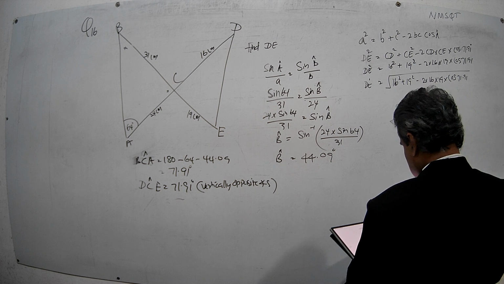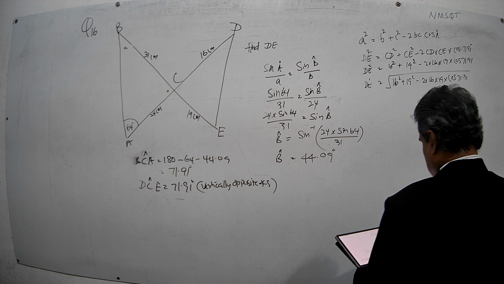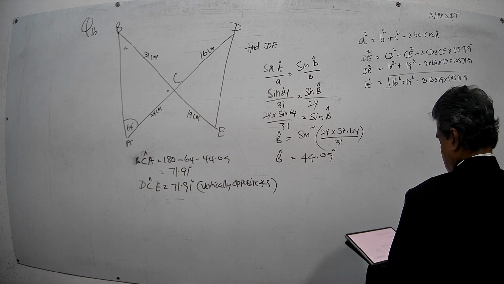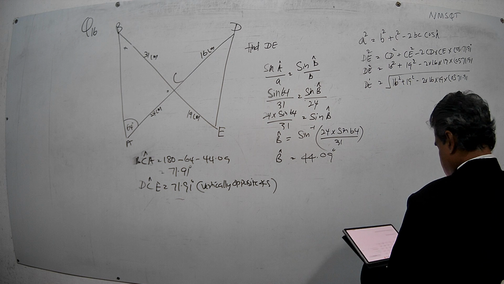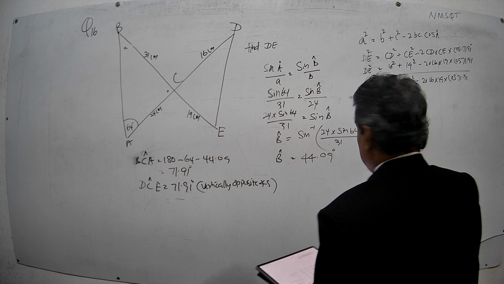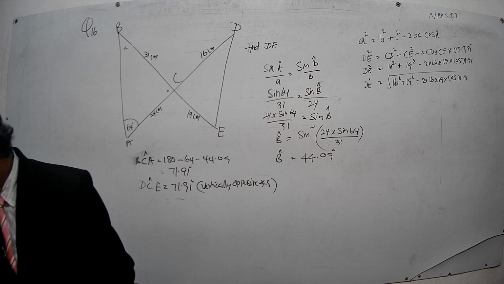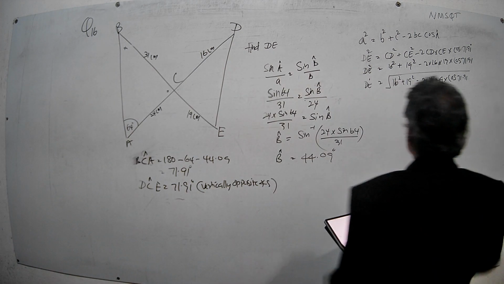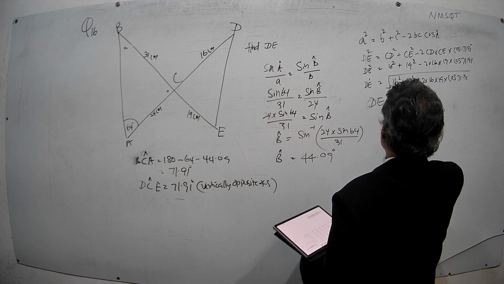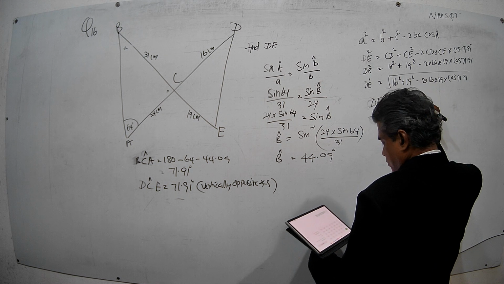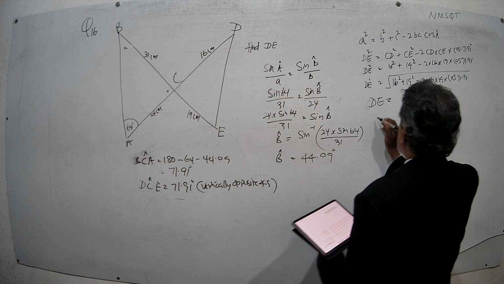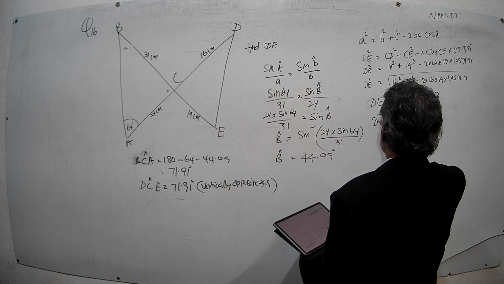Okay. Now the answer is DE equals 20.693. Then they asked us to give the answer correct to 3 significant figures.